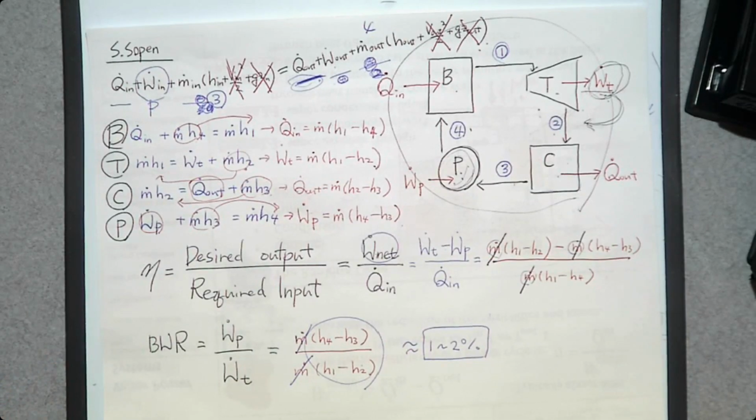But this is just for the Rankine cycle. If you come up with another heat engine, such as a gas turbine, like a Brayton gas turbine, which we use for jet engines or for power plants that don't use any steam, the back work ratio goes up to 40 to 60%. But we are going to talk about that later in chapter 9.